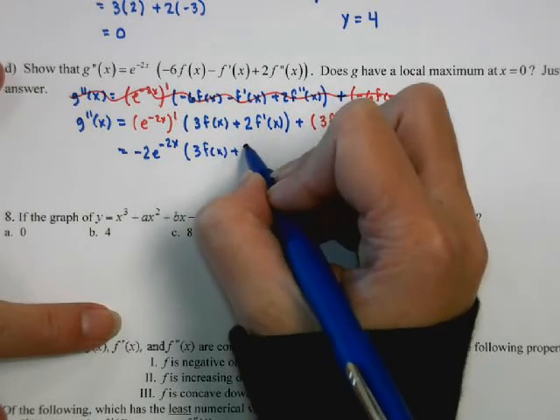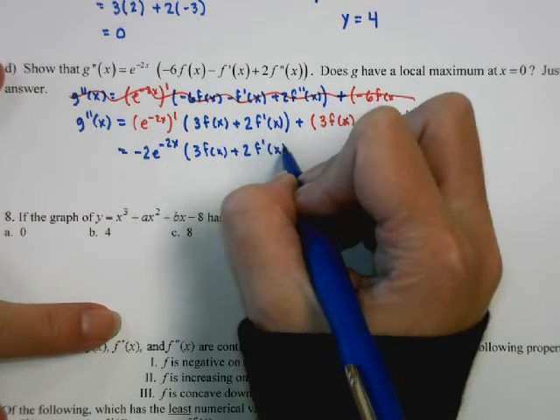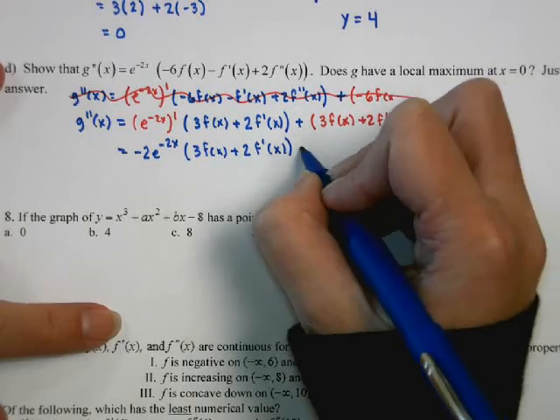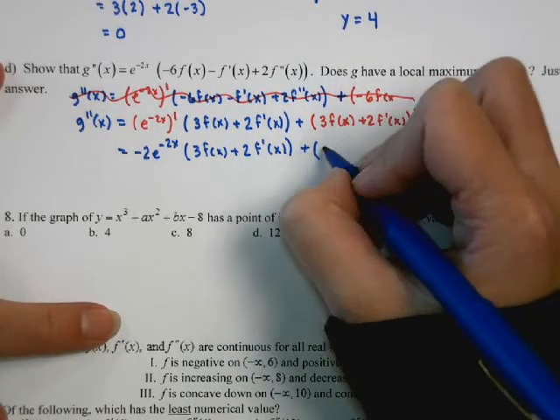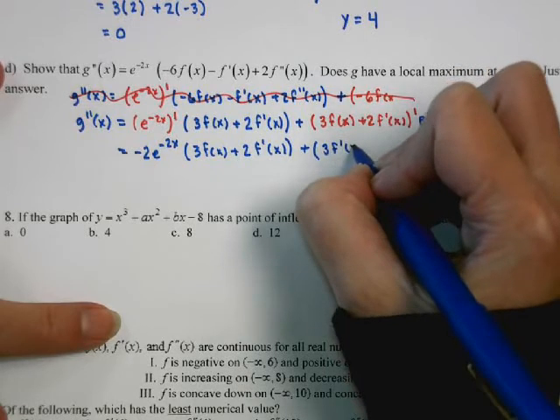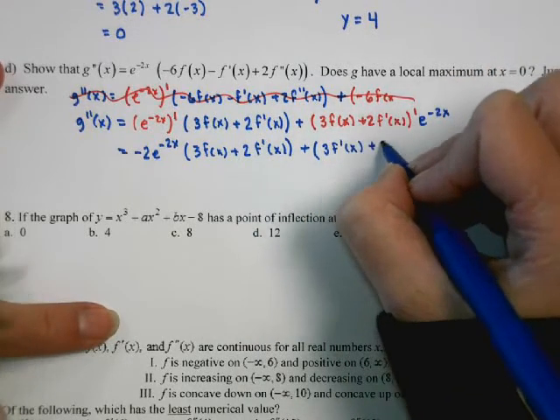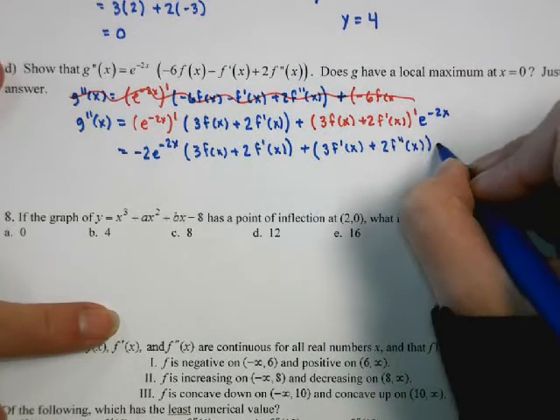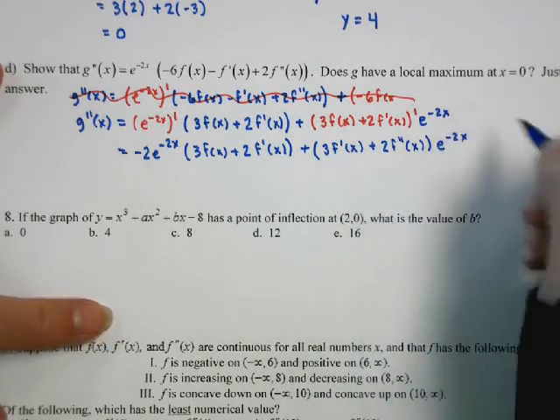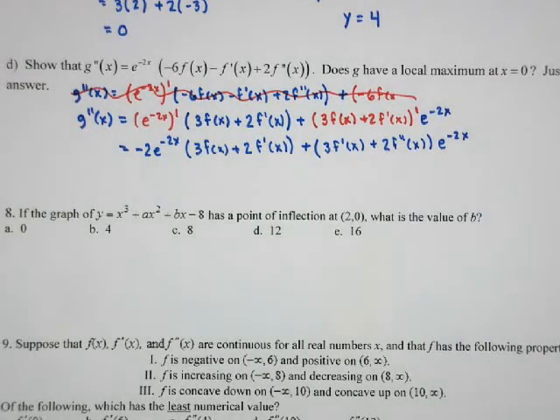Okay, the derivative here, 3 times f of x will be 3f prime of x, plus 2f double prime of x, times e to the negative 2x. Okay, I'm going to distribute through this to this, and this to all that.